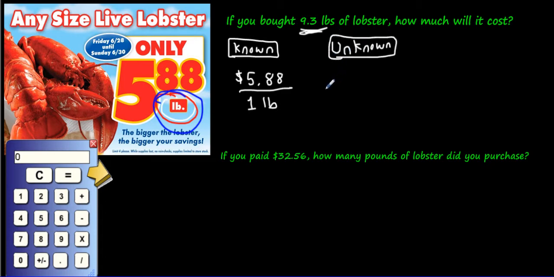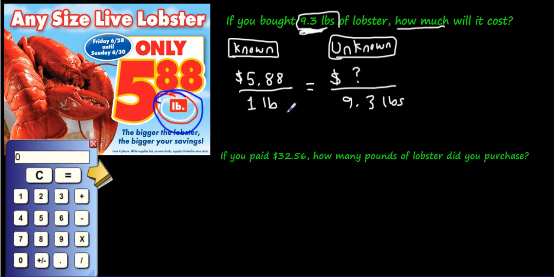Then you write down your unknown ratio. How much will it cost? So we'll put a dollar sign and a question mark for 9.3 pounds. And we put equals in between them. Now look at this. What do we do to the 1 to make it 9.3?